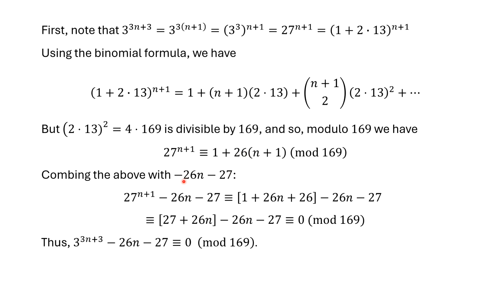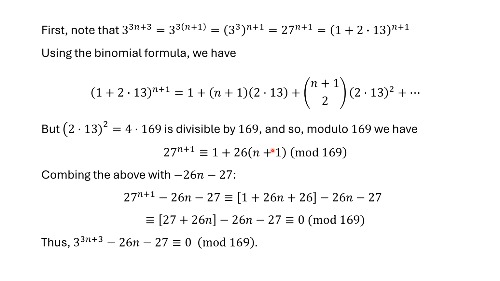And then the rest of the expression that we wanted to show 169 divides into was minus 26n minus 27. So if we put this and this and this together, this was the original thing we wanted to divide into, slightly modified now because we wrote this in terms of 27 to the n plus 1 power. So we have this here.